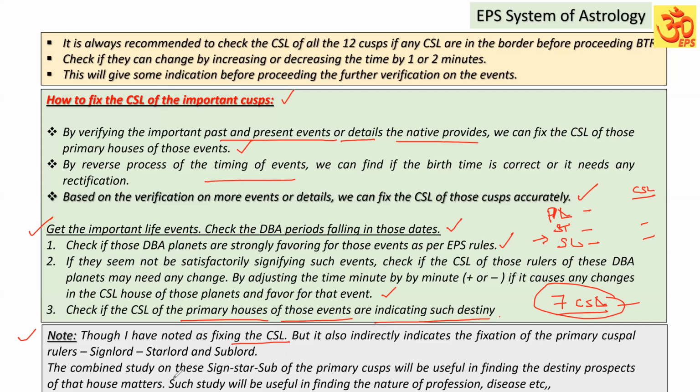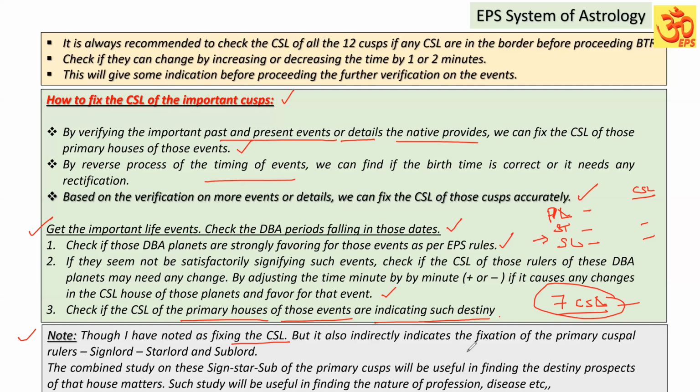The combined study of the sign, star, and sub of the primary cusps will be useful in finding the destiny prospects of that house's matters, and such study will be useful in finding the nature of profession, disease, etc. Because the cuspal lord, cuspal star lord, and cuspal sublord of the Lagna or sixth house definitely indicate the type of diseases.